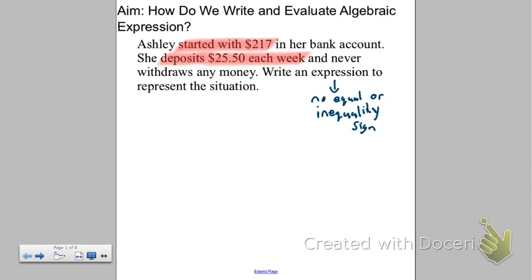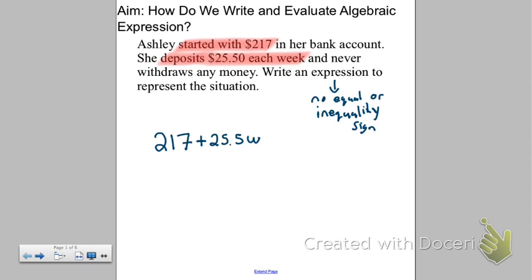So if she started with $217, that's what we're going to start with. 217. She deposits. Deposits means it's being added into her account. 25.50 each week. So since we don't know how many weeks it is, we can represent that with W or X. We can use any variable we would like.